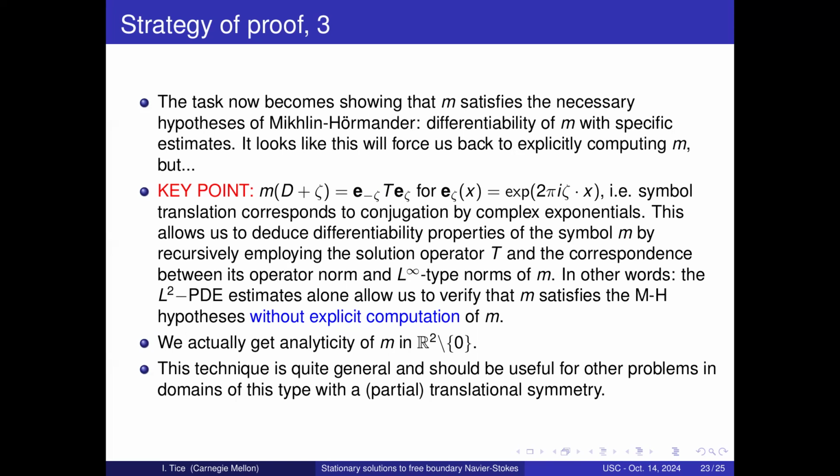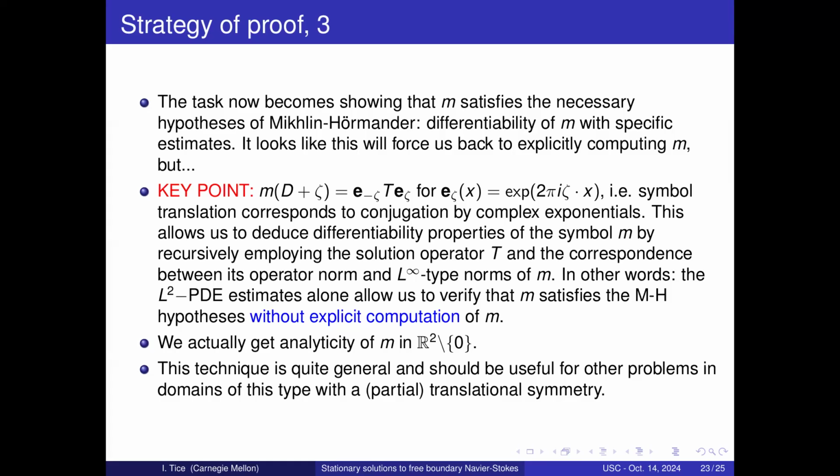When you have this observation, if I understand how translates work, then of course I understand how derivatives work. And I can try to use my understanding of the mapping properties of T in order to deduce differentiability properties for M. Okay? And miraculously, this works.